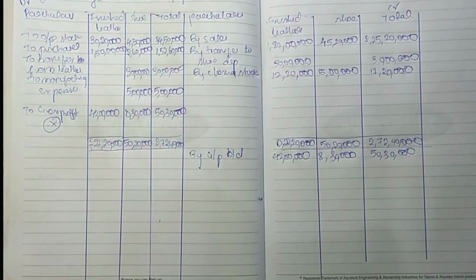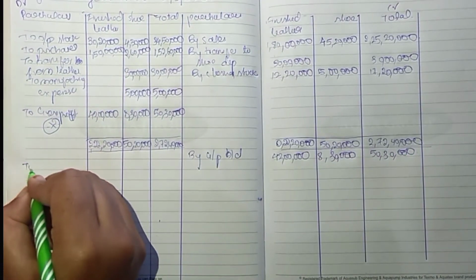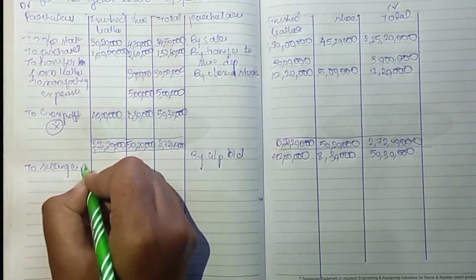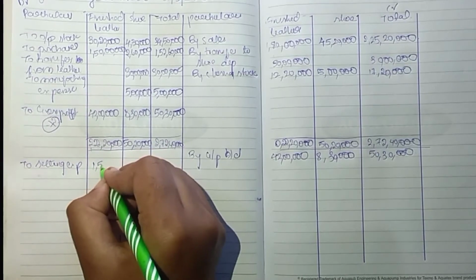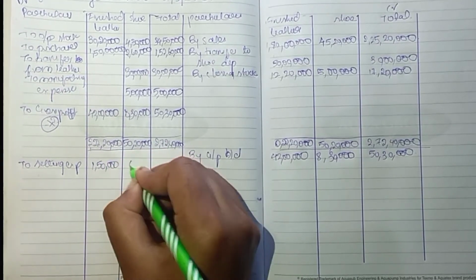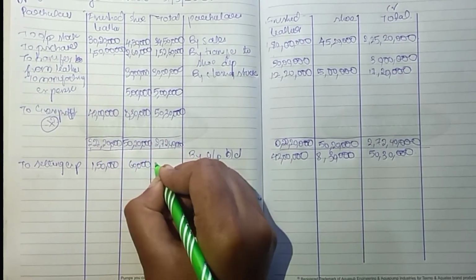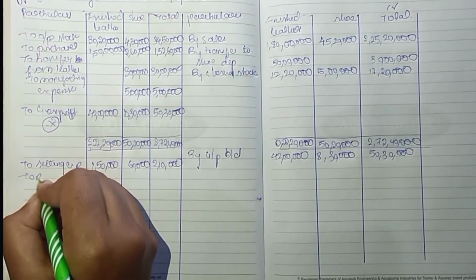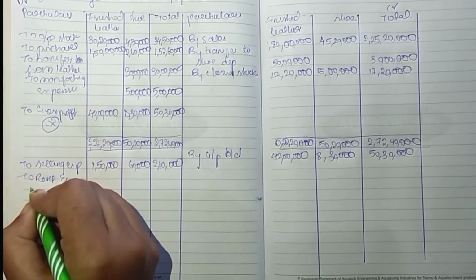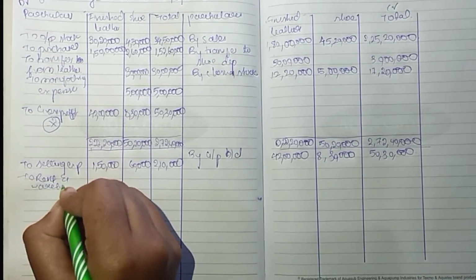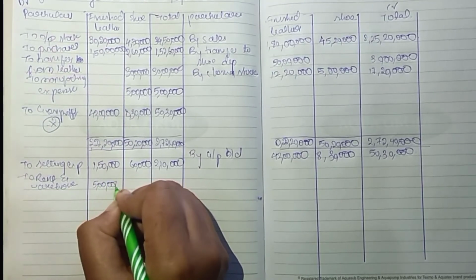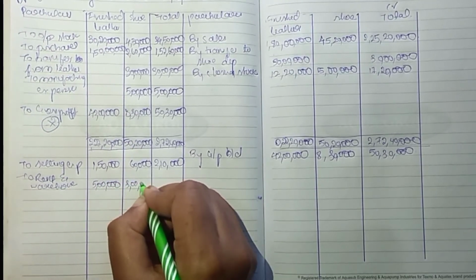Then write those two expenses. To selling expenses 1 lakh 50,000 and 60,000, total 2 lakhs 10,000. To rent and warehousing 5 lakhs and 3 lakhs, total 8 lakhs.